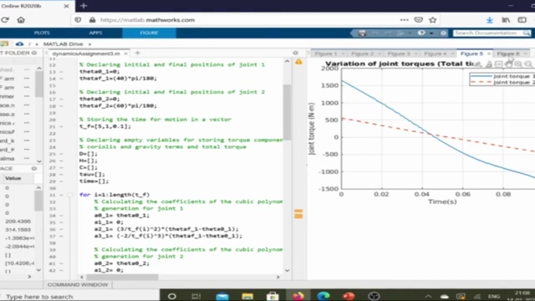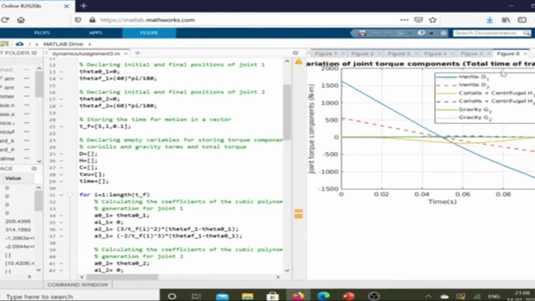Now let's look at figure number 6, which is showing us, for the same joint torques, the different components of D, C, and G. G is gravity. Please note that I had written C earlier, but the gravity vector is denoted as G here.